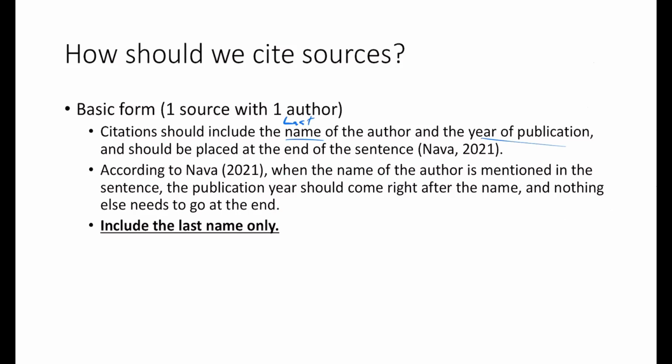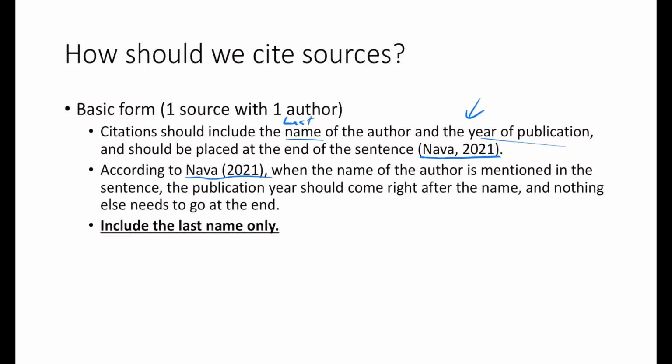So in this example, you can see NAVA 2021. This says that NAVA published something in 2021, and that's where we got the information in this sentence from. Now, there's another way to do this that some people like because it flows a little bit nicer. You can say, according to so-and-so, like according to NAVA, according to the CDC, according to whoever.